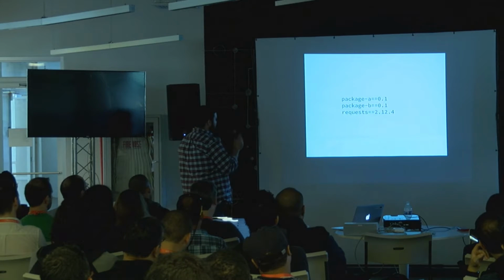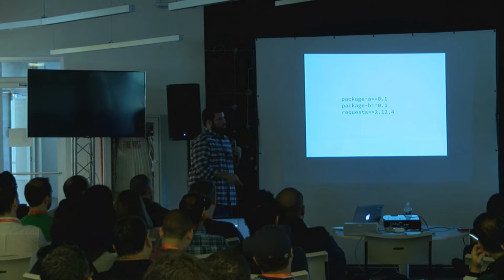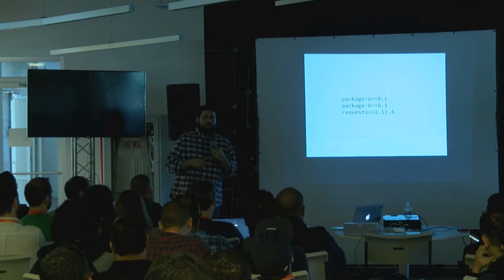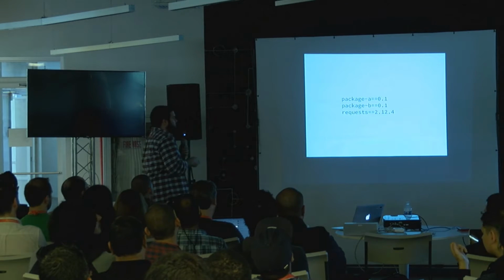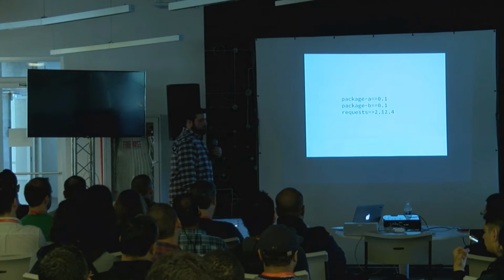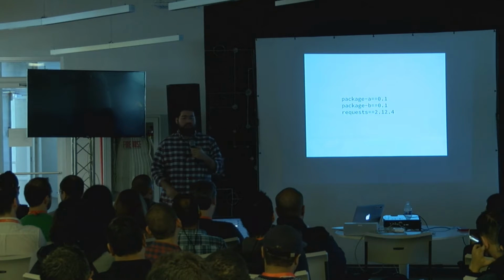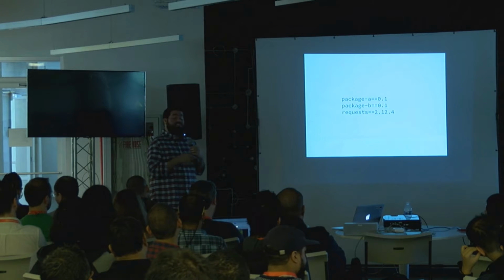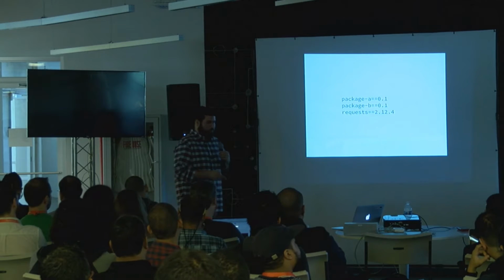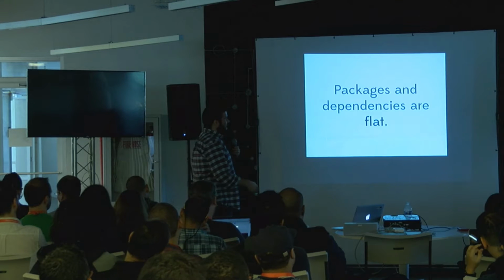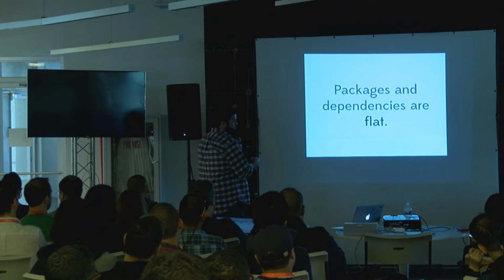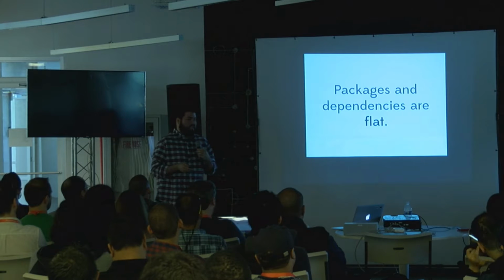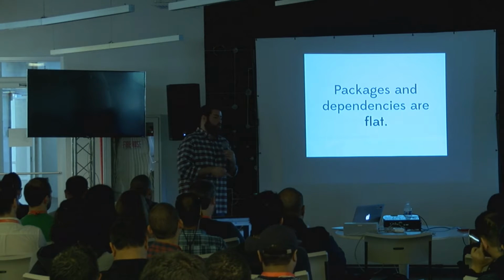We install our package A, we install our package B, but the installed requests version is actually 2.12.4. So package A might fail now because there could be some breaking changes in requests 2.12.4. This means that packages and dependencies are flat, right? Pip doesn't actually have a dependency resolver like npm or yarn does.